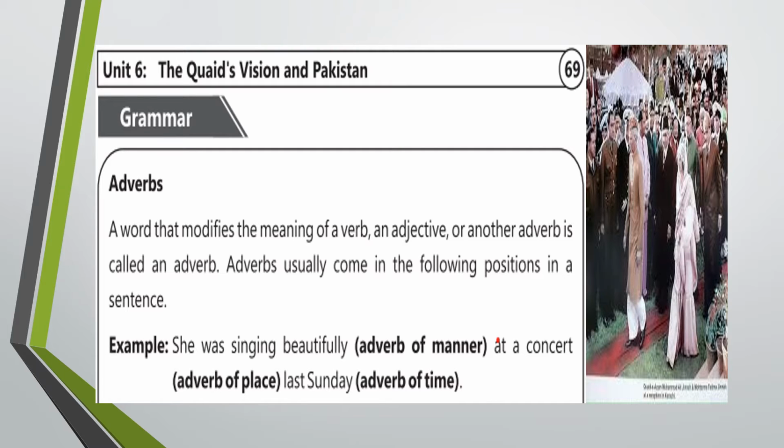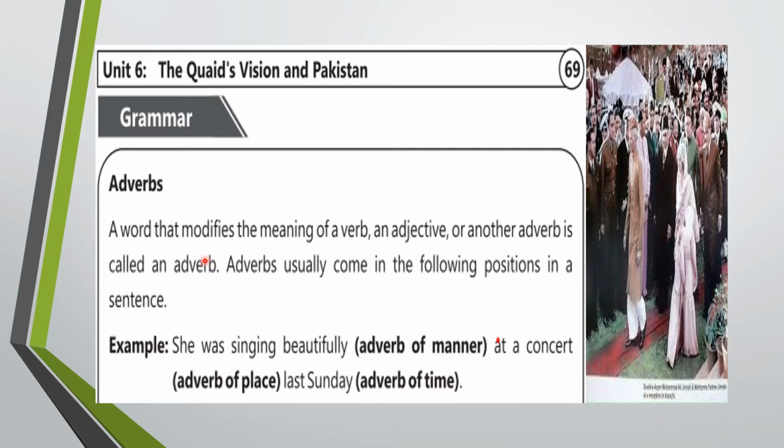First topic of grammar is adverbs. Well, you know that adverbs are important part of speech. Let's define first what adverbs are. A word that modifies the meaning of a verb, an adjective, or another adverb is called an adverb.